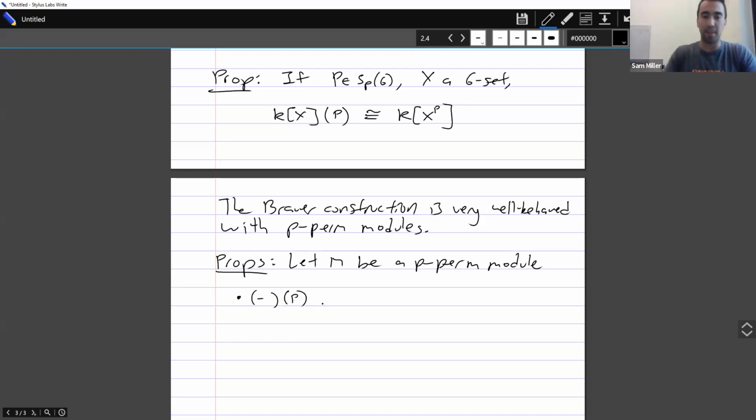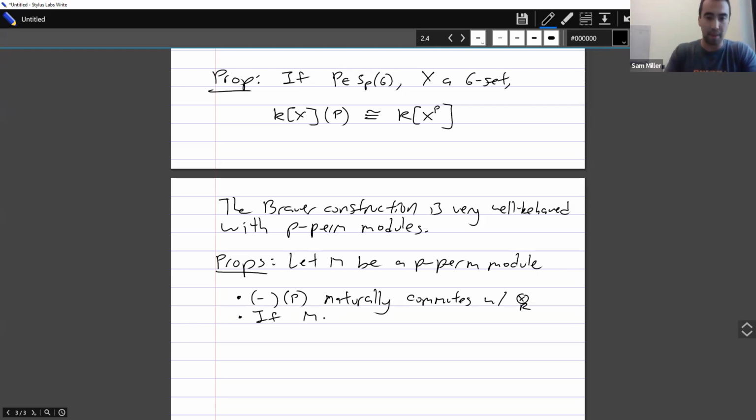The Brauer construction naturally commutes with the tensor product. This is a big one. It's also additive, but just admitting that, it's pretty clear.